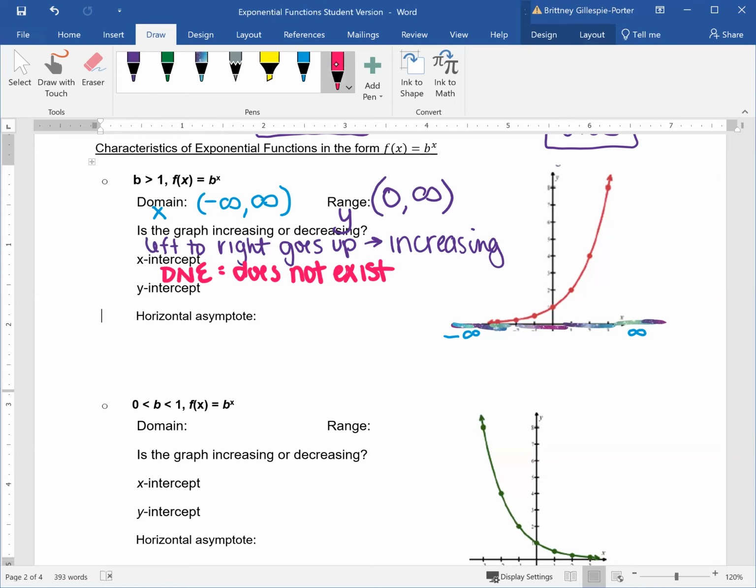As for our y-intercept, remember y-intercept is where we cross the y-axis. So we're going to scan along the y-axis and see where we cross. We do cross at that ordered pair, which means that we have a y-intercept of (0, 1).